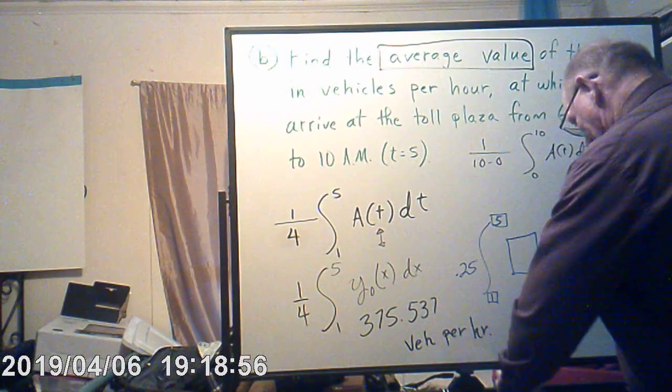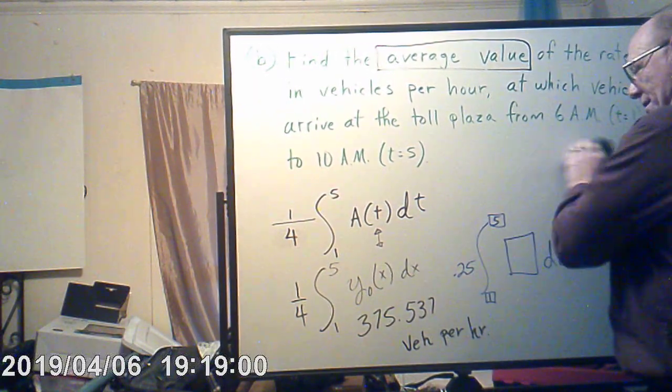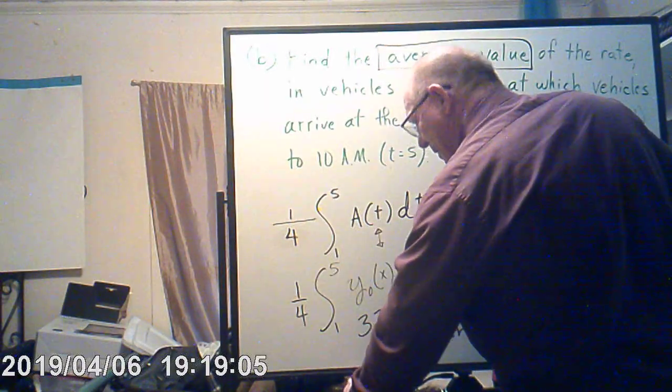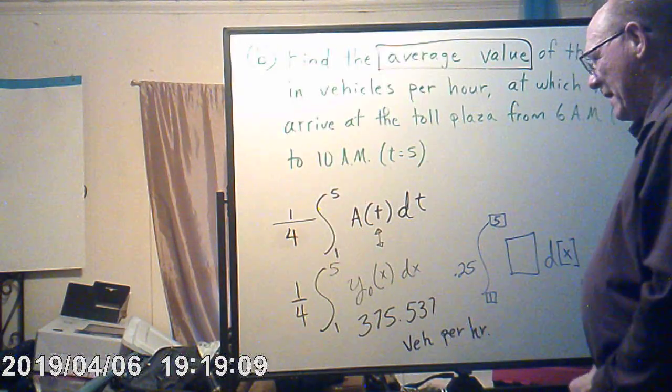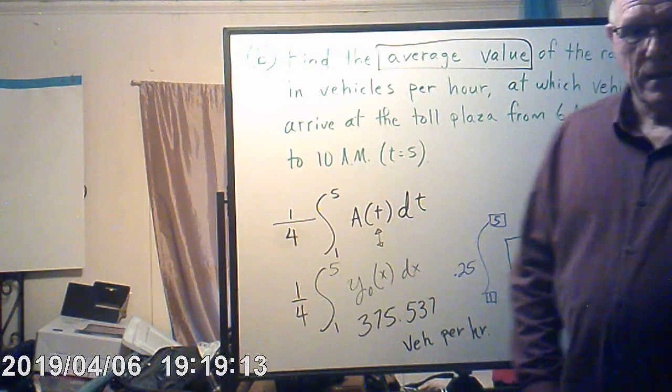In this particular case, it is from 1 to 5, so 5 minus 1 is 4. That's where the 4 comes from.